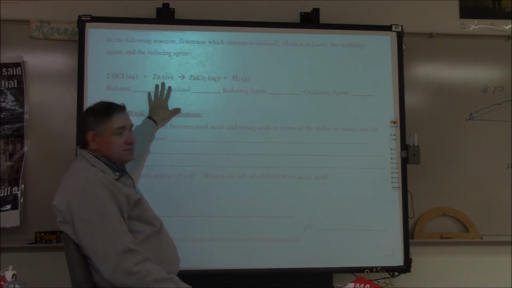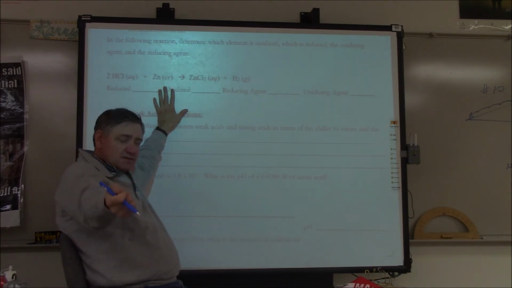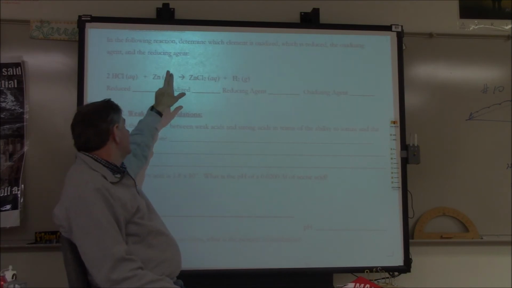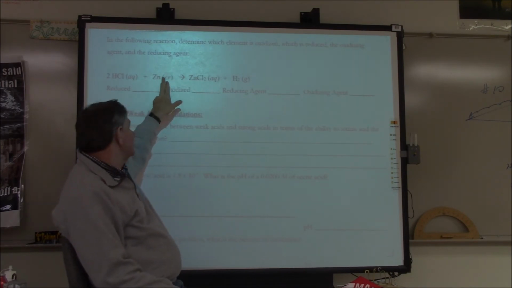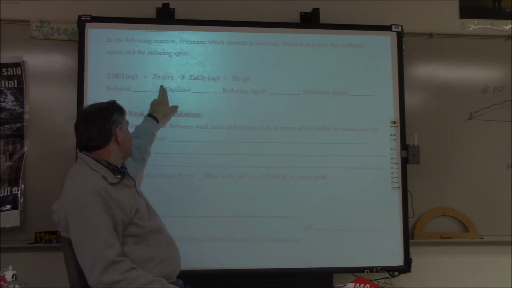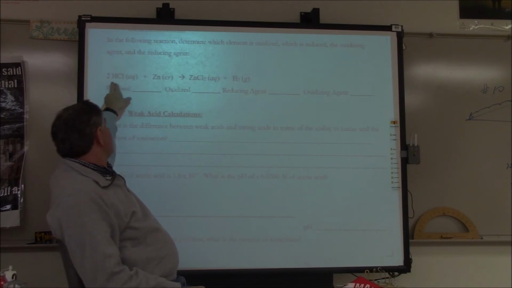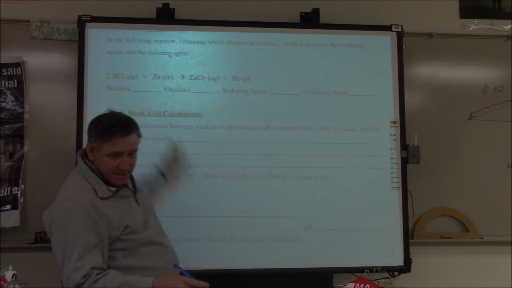You have elemental zinc. So I would take a piece of zinc, and you all did this in Chem 1. I promise you did this reaction in Chem 1. You took a chunk of zinc. Anything that's an elemental form has an oxidation state of 0. So this is zinc. It has an oxidation state of 0 because it's the elemental form of zinc. Over here I have hydrochloric acid. Okay? Hydrochloric acid completely ionizes.